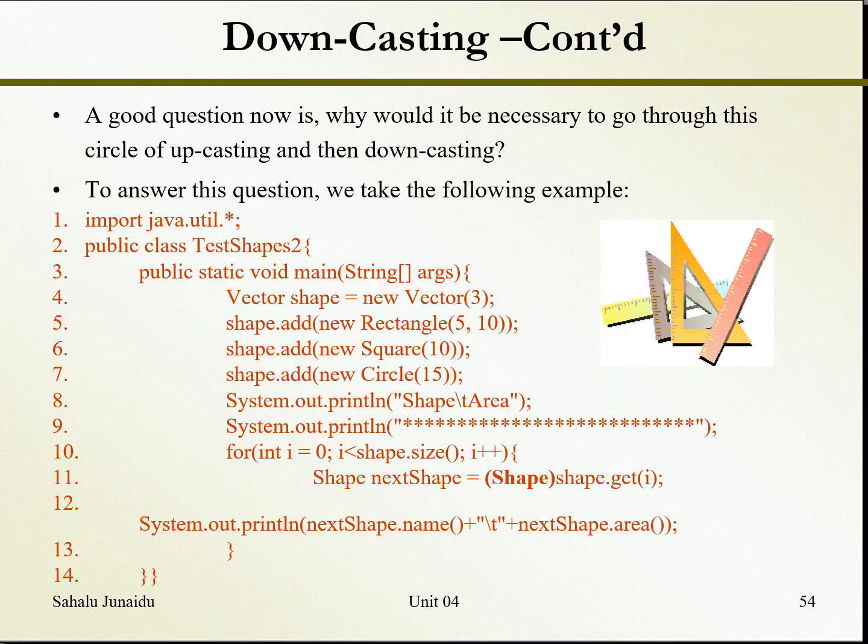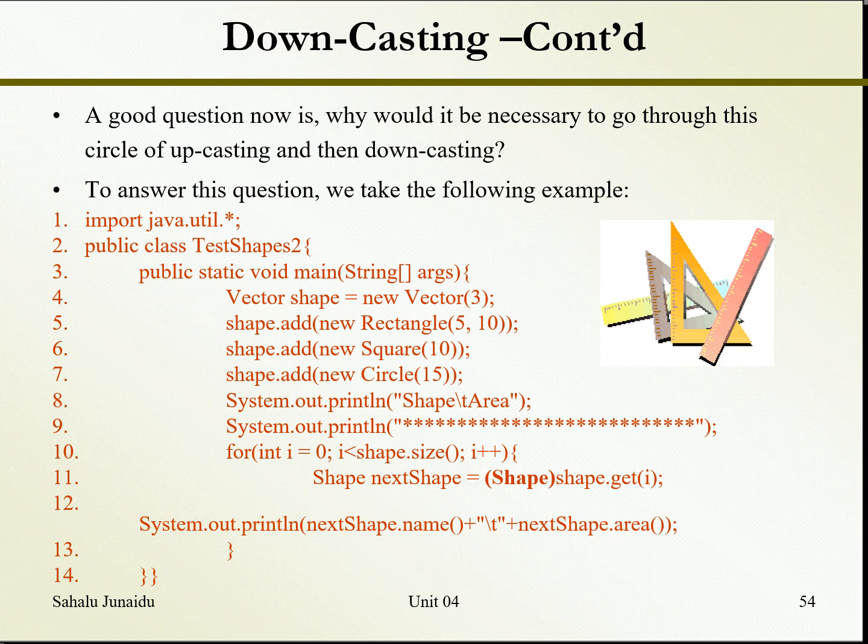But in the case of a vector, we can have an advantage by creating any number, and once the number is exhausted, then automatically it will double that number.